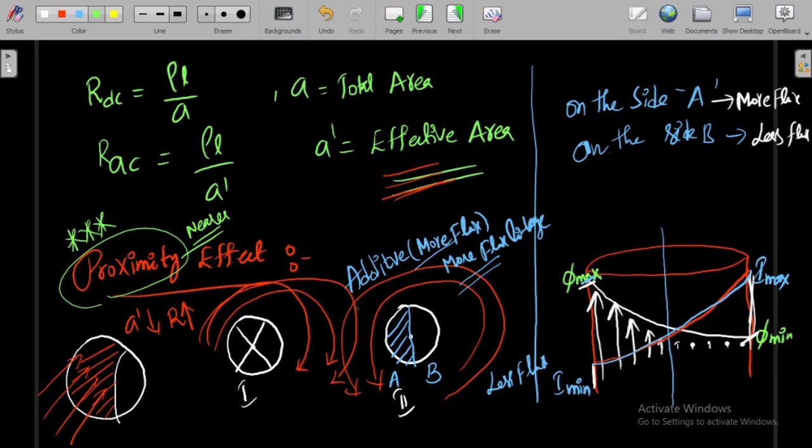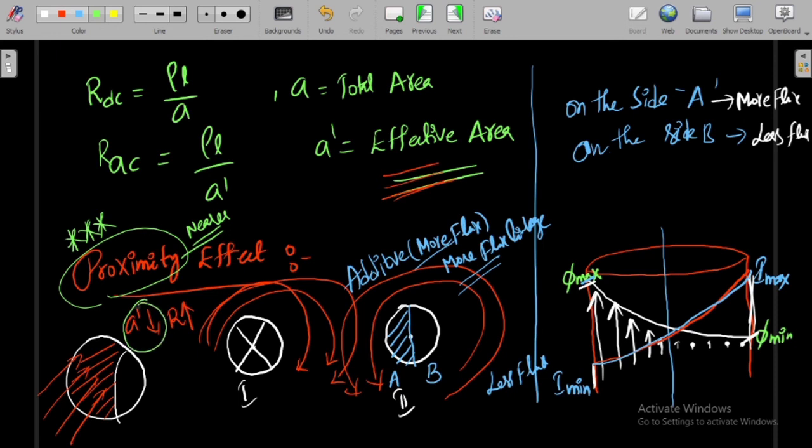When two conductors are very near to each other, their flux linkages will be additive at one side and subtractive or lesser at the other side. Because of this change in flux linkages, you will have a change in the distribution of current, which makes the current non-uniform. As the current is non-uniform, the effective area automatically reduces.